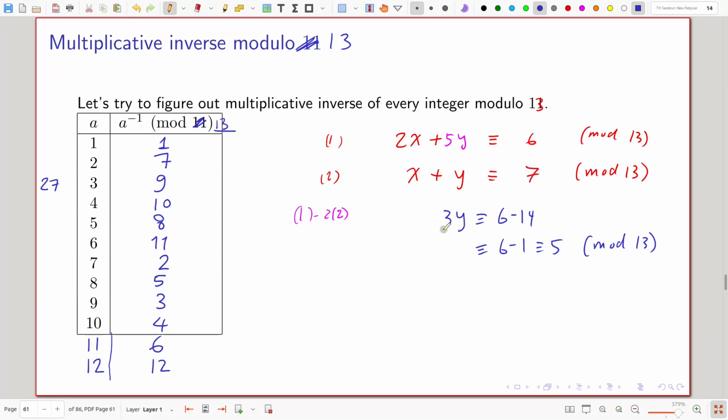To get y, I need to divide by 3, but I cannot divide. To divide by 3, I multiply the whole thing by 9. So 9 times 3y is 27y, which is 1y, equals 9 times 5, which is 45 mod 13. What is that?